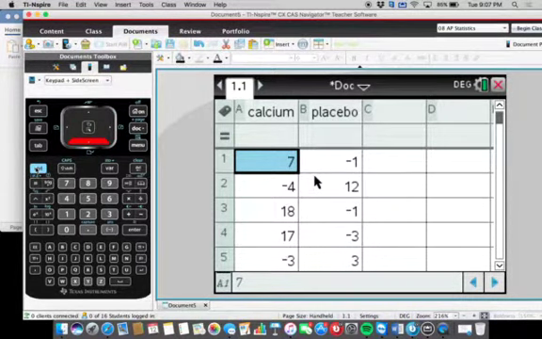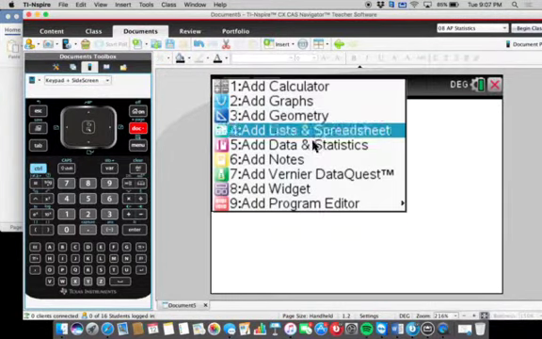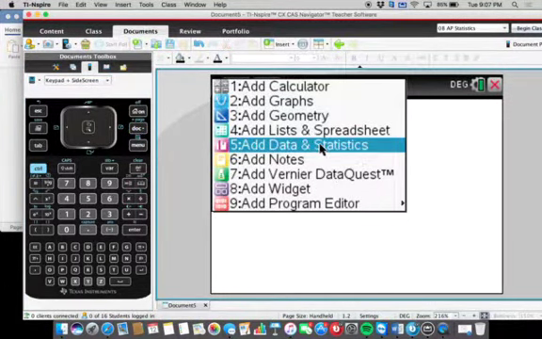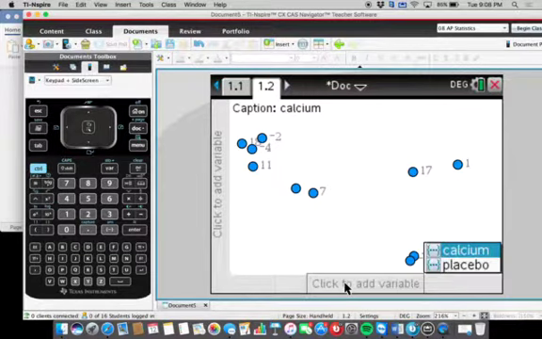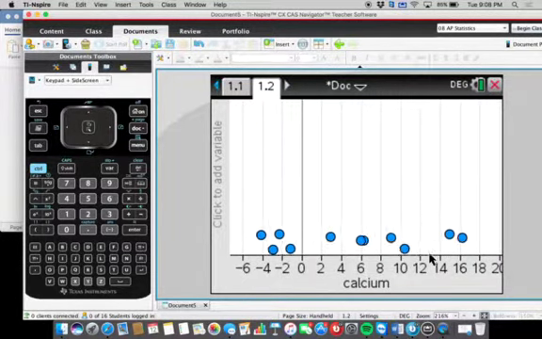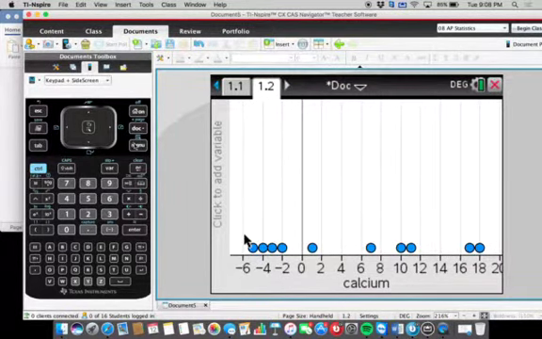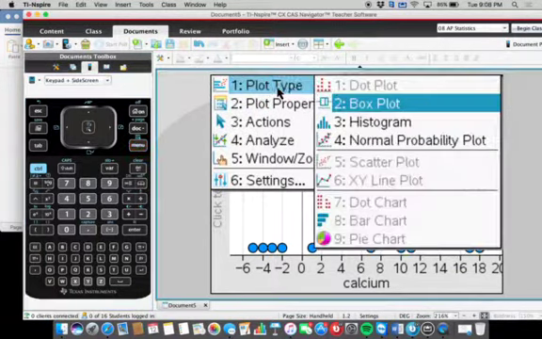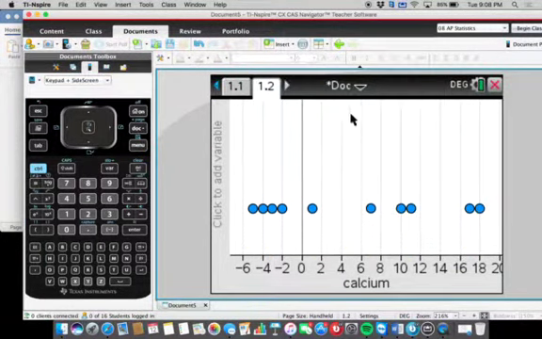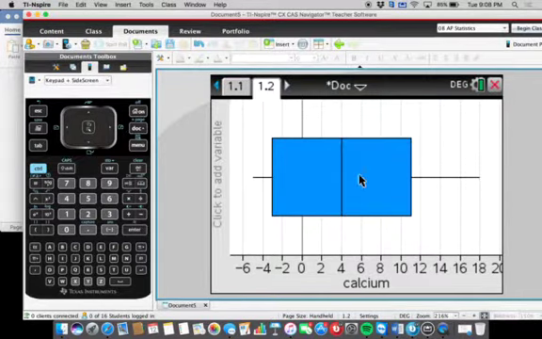And then, of course, we need to show that there's no extreme skewness or outliers. So go to Data and Statistics. We click to add a variable. Let's do the calcium one first. Remember, we want to see this as a box plot. It's easier to draw. And again, no extreme outliers, no severe skewness, so we're good.